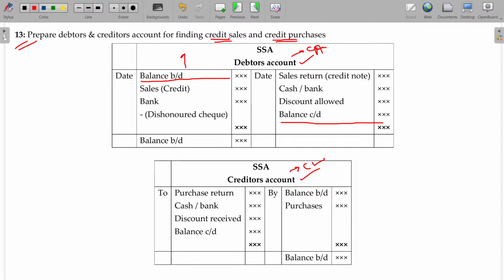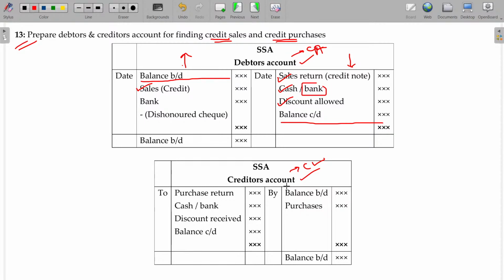A transaction that increases the debtors value, and amount recovered from them, will be posted on the debit side. A transaction that reduces will be posted on the other side. Especially credit sales increases, while sales return, amount collection and discount allowed will reduce the balance. In case a bank cheque is dishonored, it should be posted on the other side.